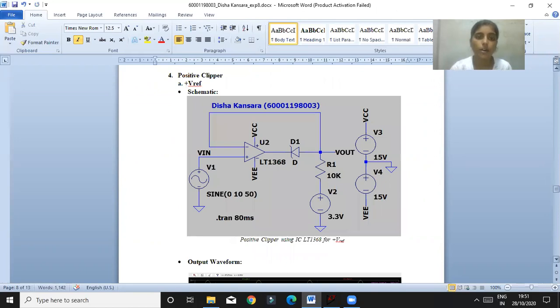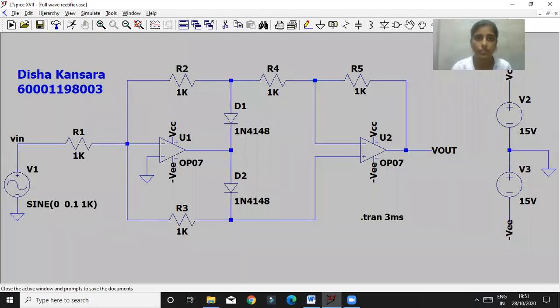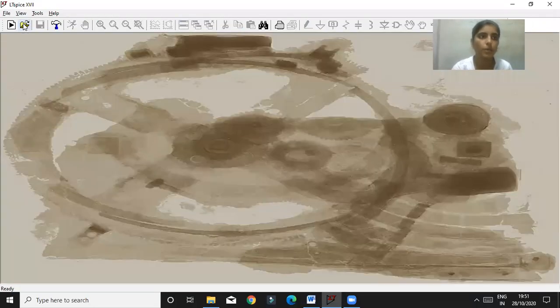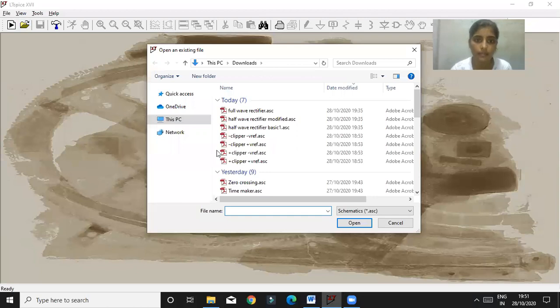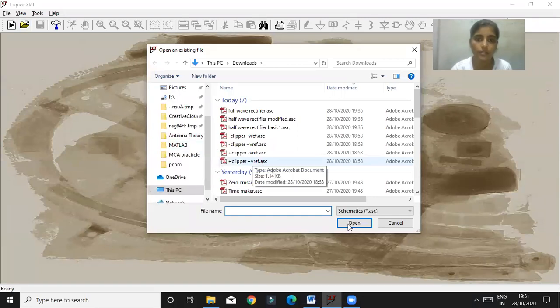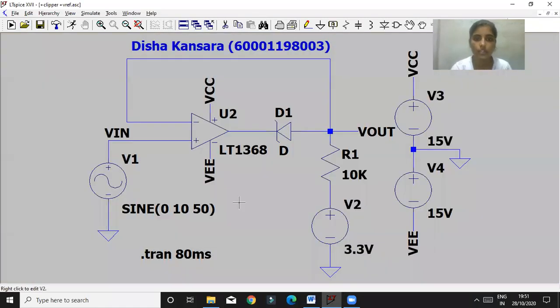Now let's see the positive clipper first, with positive reference voltage. So this is the circuit of the positive clipper with positive Vref. I gave the input of a 10 volt sine wave at 50 hertz.